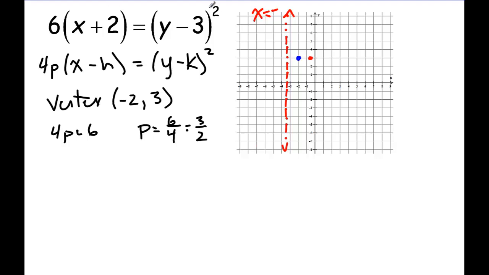Okay, still pretty messy, huh? I gotta adjust my pen here in a little bit, I guess. That's all right. 3.5. Okay, and our focus is, let's see, our coordinate is -1/2, comma 3.